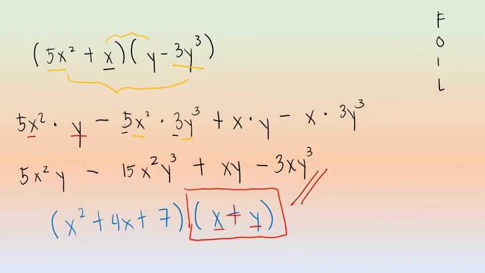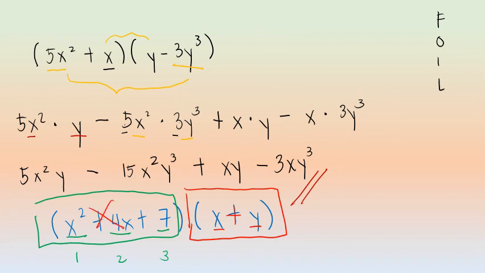While on the other side, is this a binomial, class? This is x squared plus 4x plus 7. How many terms do we have? We have x squared, this is 1. 4x, this is 2. Then 7, this is 3. That means, class, this is not a binomial anymore.